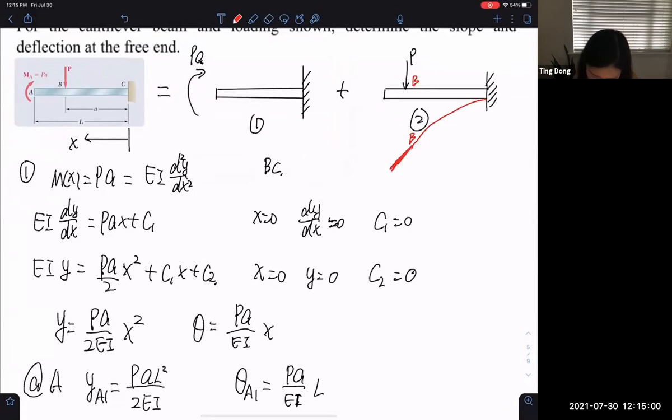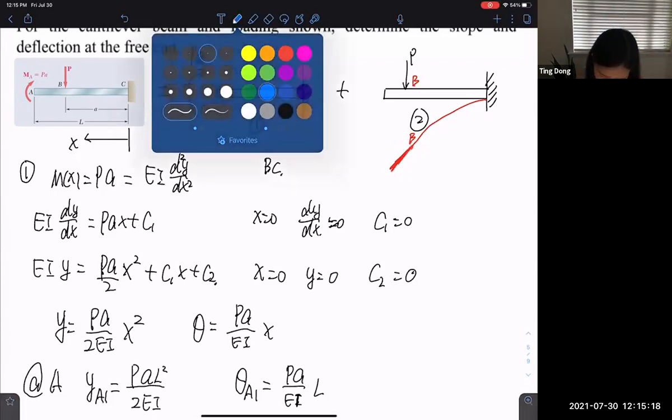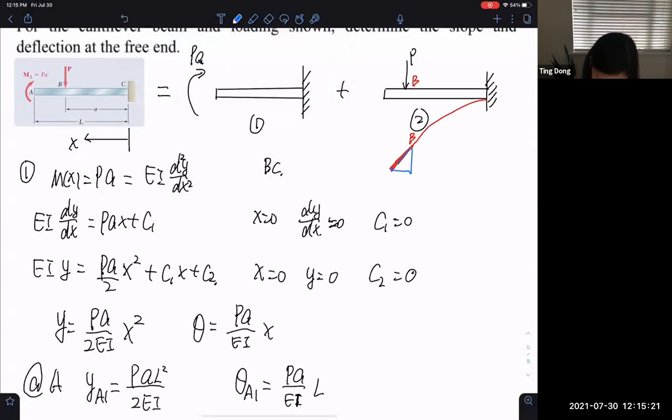So for this loading condition, we already calculated everything here, right? At point B, the slope and deflection. So for this one, we just need to use a triangle. Let's use a different color. Because this part we maintain a straight beam. There's no force applied, it's free of force. We know this angle is the same as the slope at point B. And we can solve.